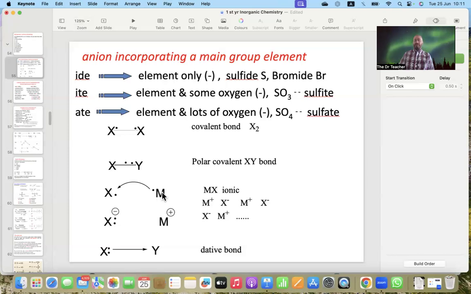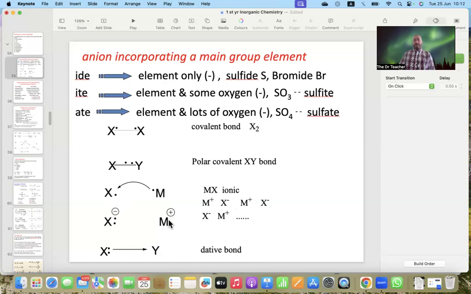There is a metal, there is a halogen, and the 2 electrons go to the Cl. So that will be the ionic bond. The metal, after losing an electron, will become positively charged, whereas the halogen gained an extra electron to become negatively charged.